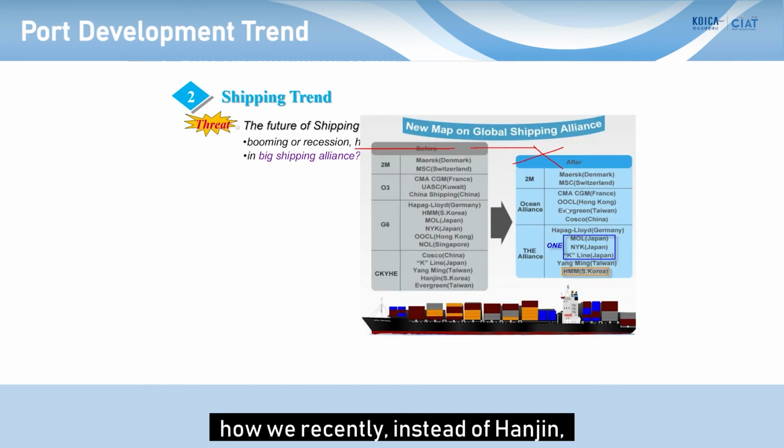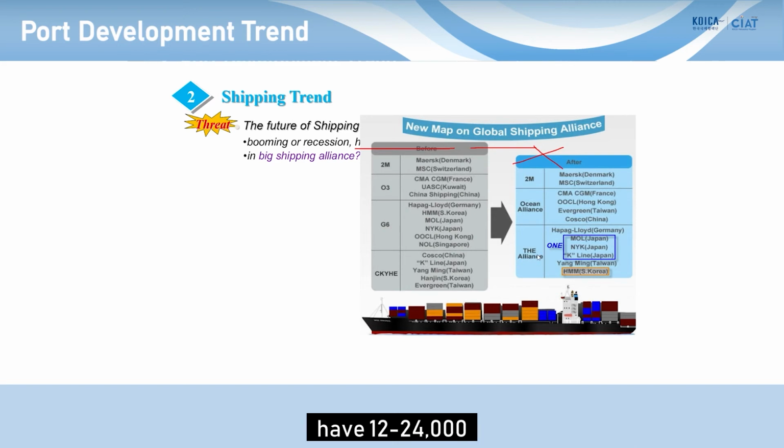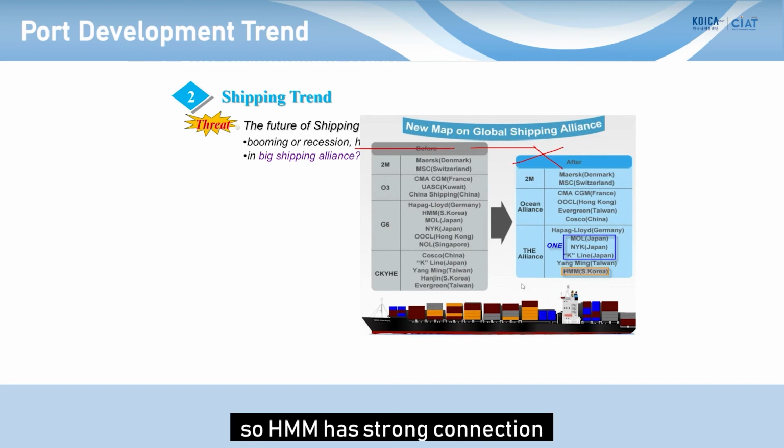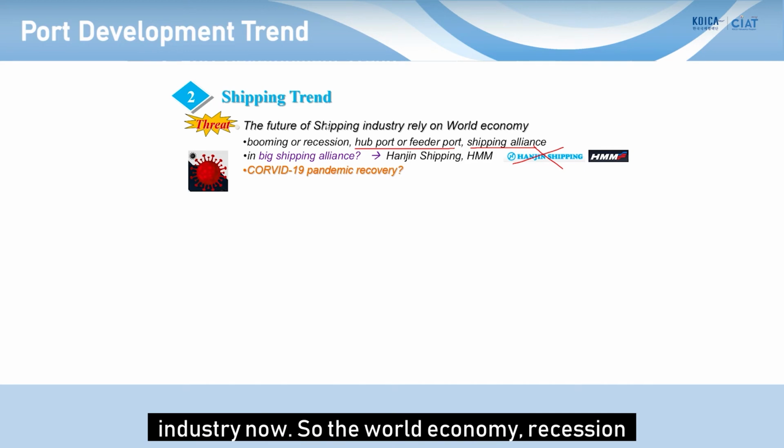However, recently, instead of Hanjin, HMM belongs to the alliance, and HMM has 24,000 TEU container ships newly delivered this year. So HMM has a strong connection with the alliance. So it's okay. But the trends are very important in the shipping industry now.